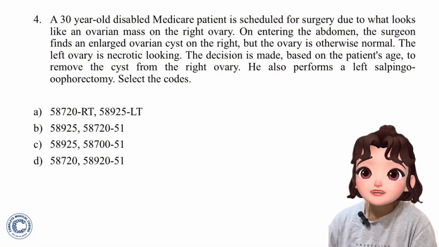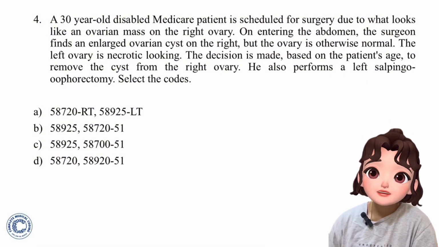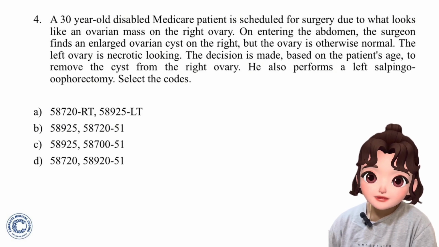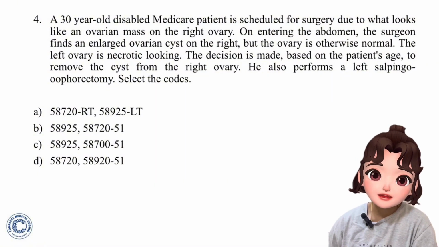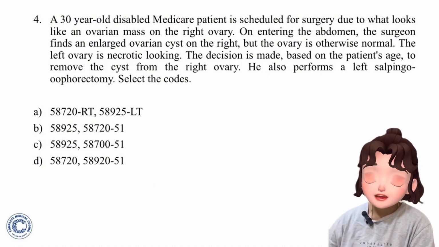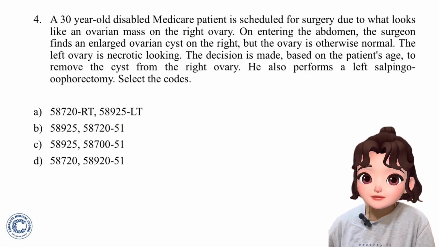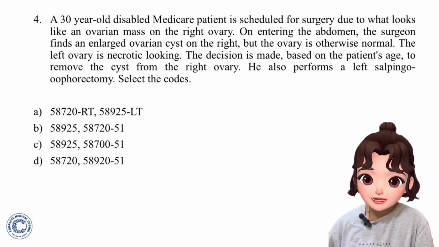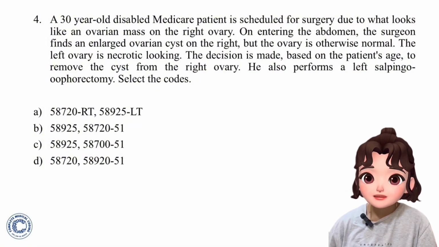So what's the procedure carried out here? Salpingo-oophorectomy is the procedure carried out. What does it mean? Salpingo-oophorectomy means removal of fallopian tubes and ovaries. That is what we need to find the code for.